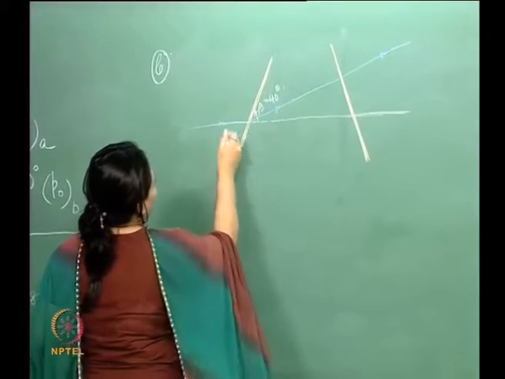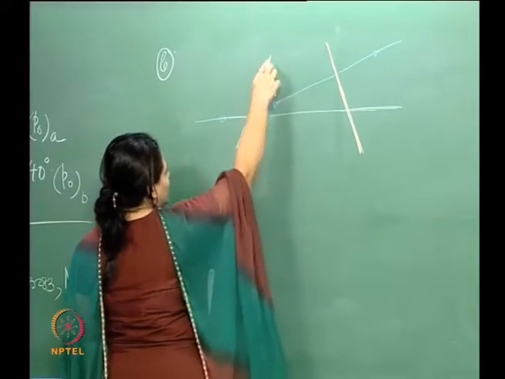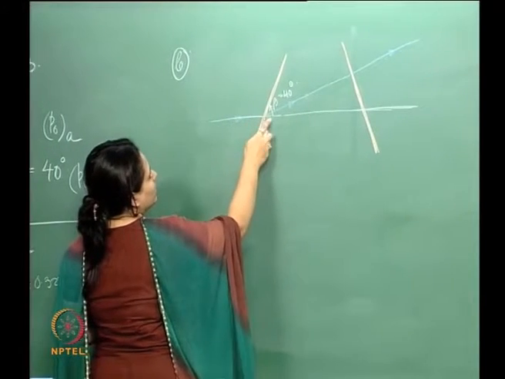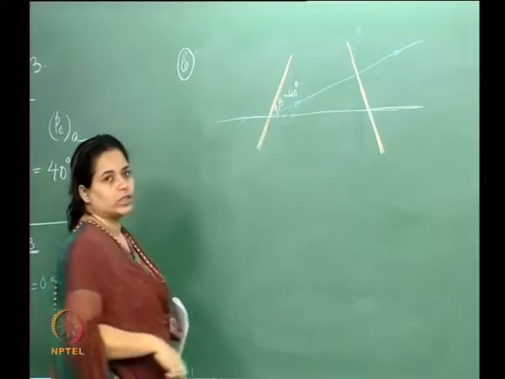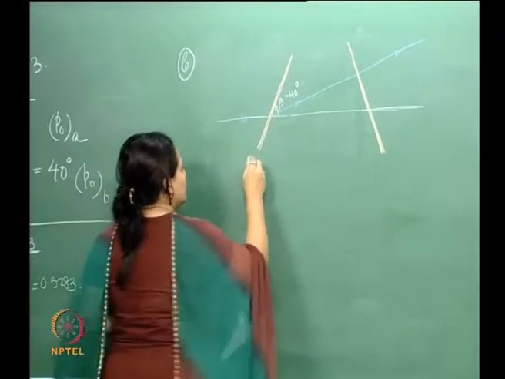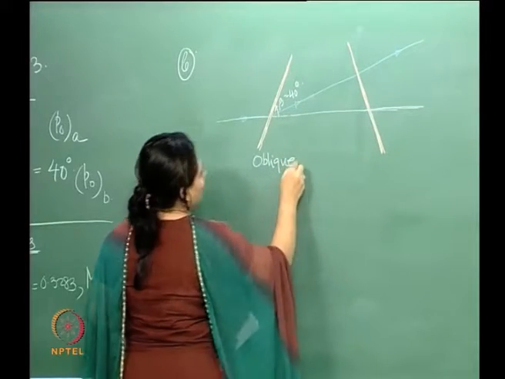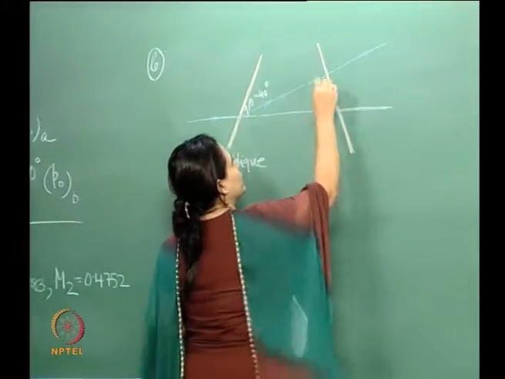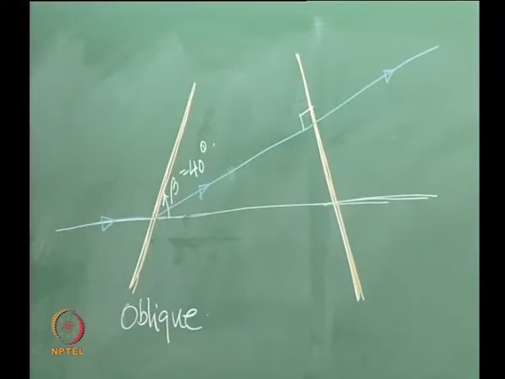This is the free stream, and the shock is making an acute angle of 40 degrees, so this is the oblique shock. Here, this shock is actually making 90 degrees with the incoming flow.